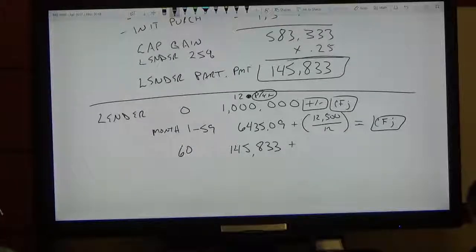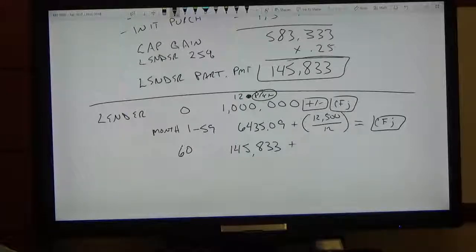One more payment. Well, they're going to get the payment, yes. I'll just go ahead and write it down, I don't want to confuse anybody. Plus the loan balance, which we still have to calculate.